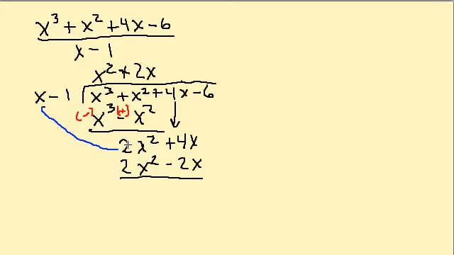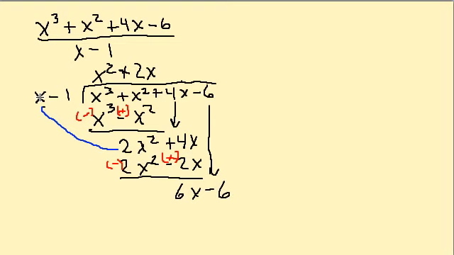And remember, the way that we subtract, we change the sign and add. So we change the signs of each one and we add. 2x squared minus 2x squared is 0. 4x plus 2x is 6x, and then we bring down the next term, minus 6.